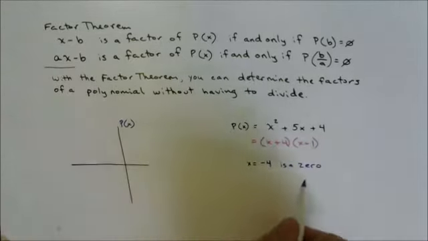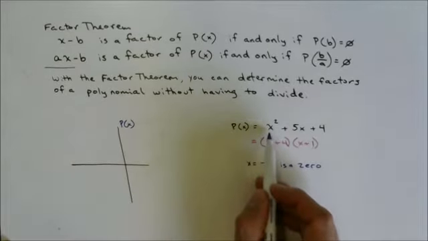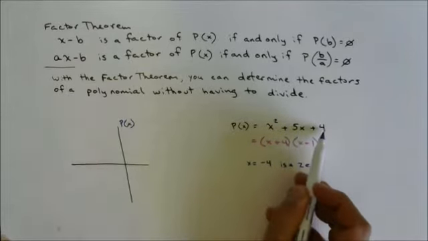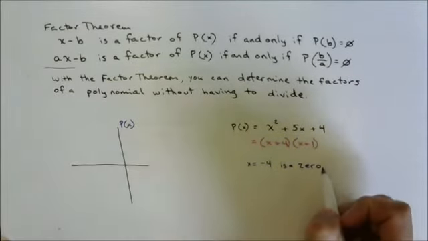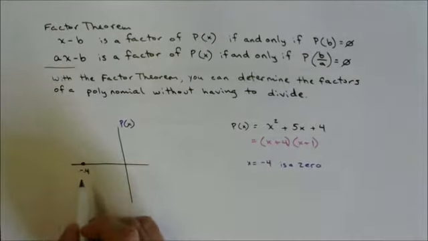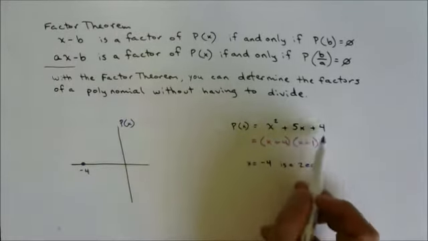It's called a 0 because if you put x equals -4 into the function, -4 squared plus 5 times -4 plus 4, you would get 0 out the other end. So it tells us where that x-intercept is, at -4, which tells us that it's going to make this whole equation equal 0.